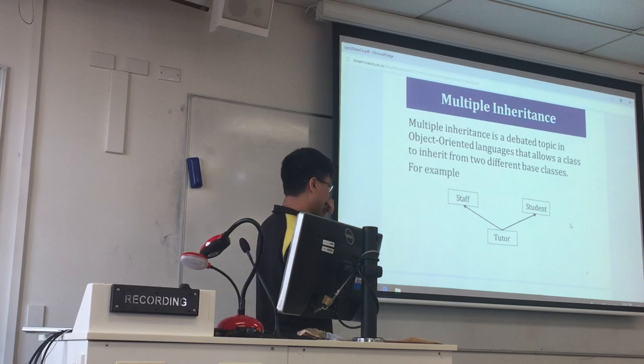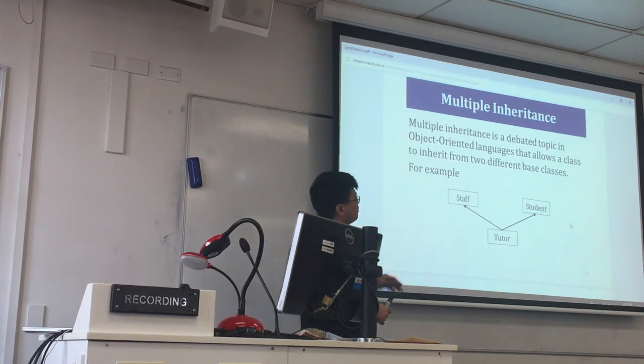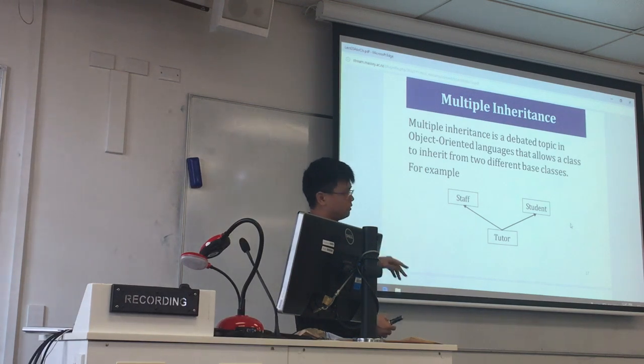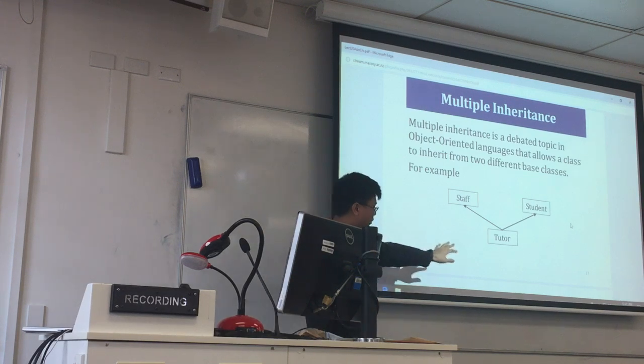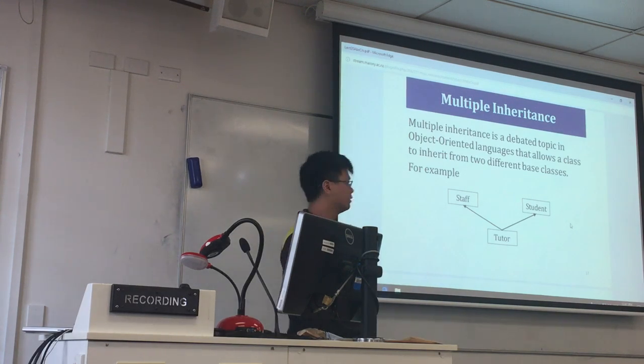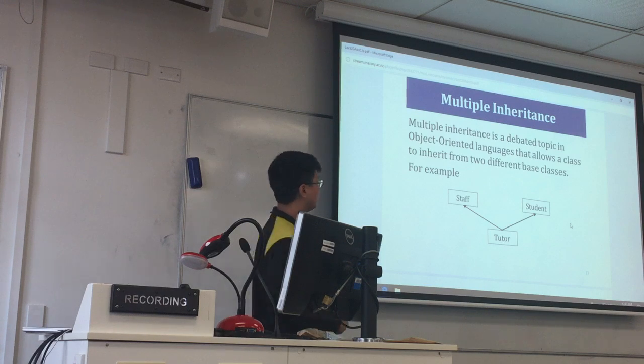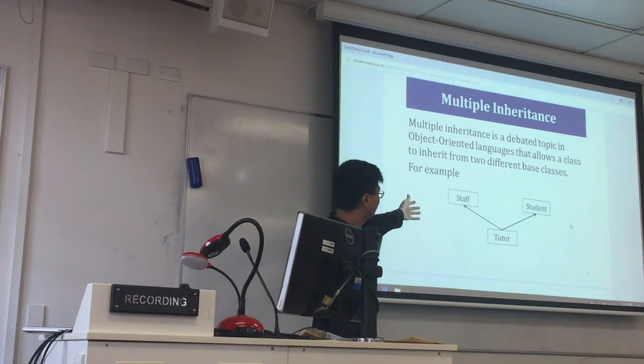When you have an instance of type staff and call staff.goToUni, that's understood. When you call the same function on student, that's understood. But when it comes to tutor, you call tutor.goToSchool. So what does that mean?